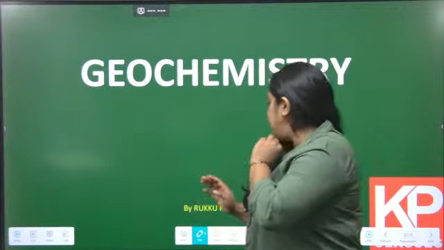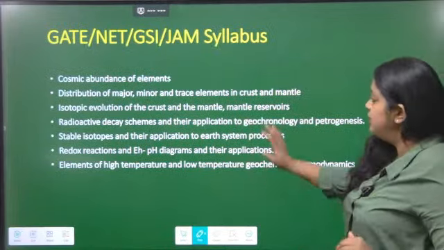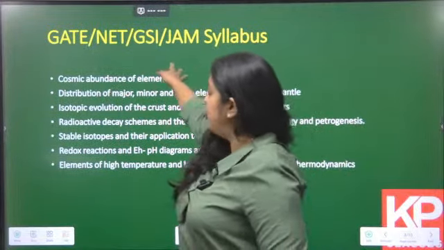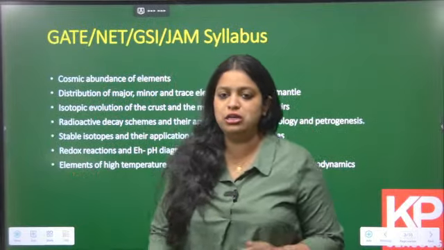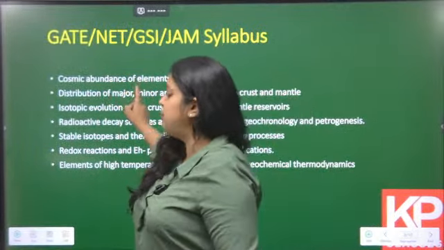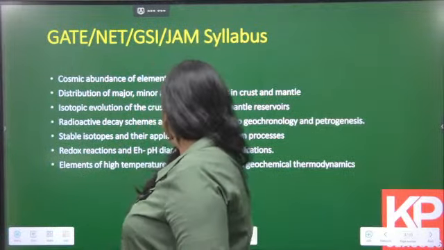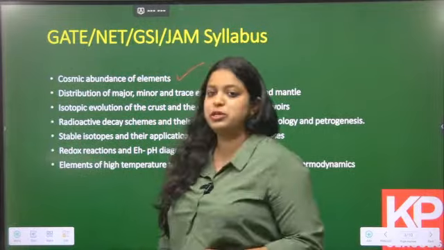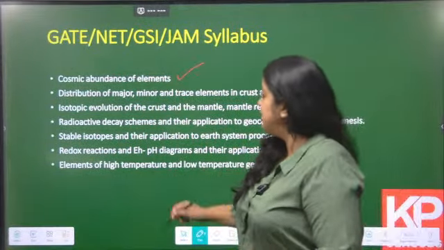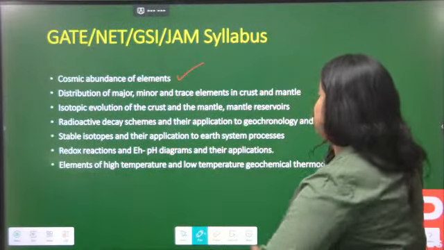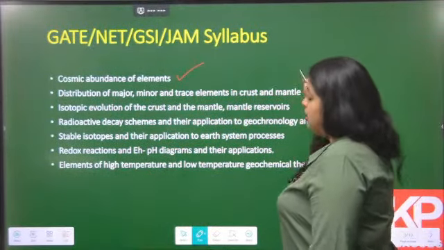So when it comes to the entire syllabus of geochemistry, in a nutshell, for GATE, NET, GSI, and JAM, when I combine the whole geochemistry portion, we have to study the cosmic abundance of the elements in detail. This is a very important topic, cosmic abundance of elements. Then the next one is distribution of major, minor, trace elements in crust and mantle.